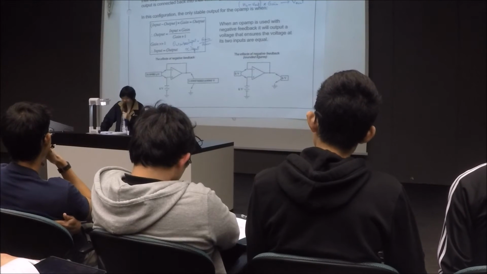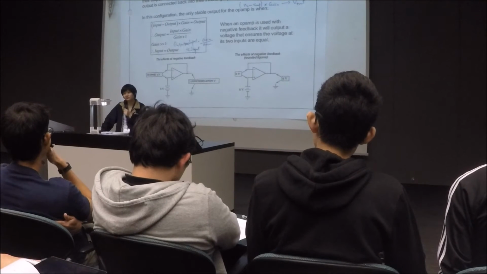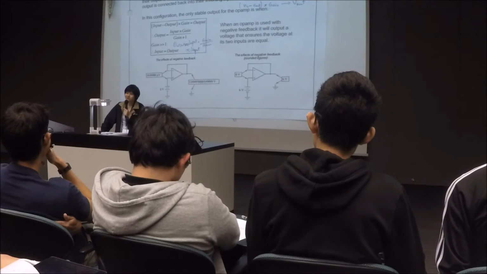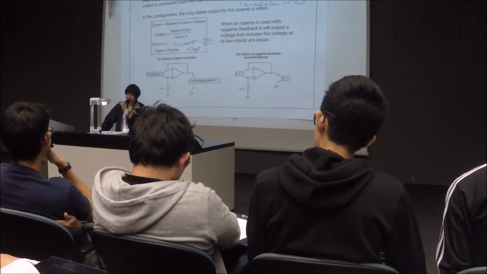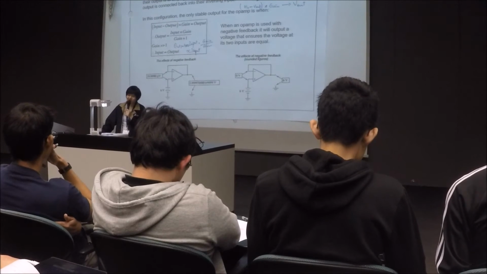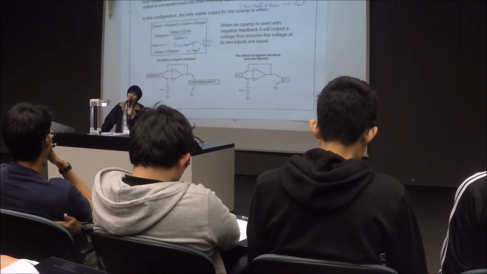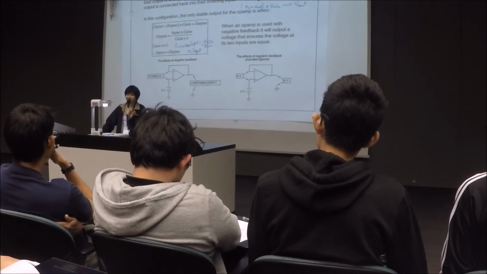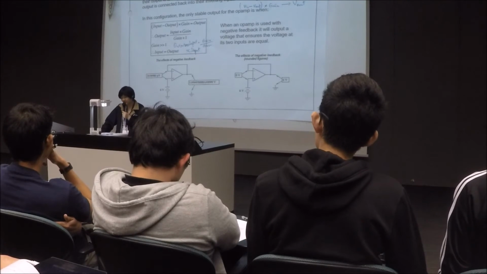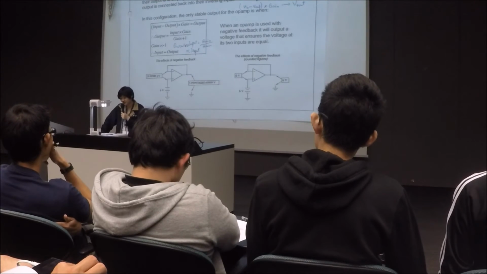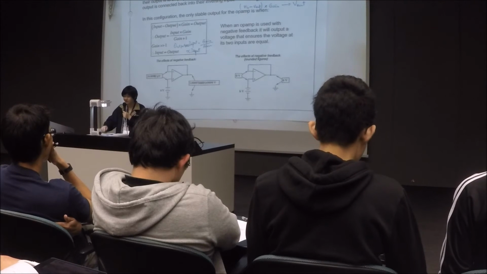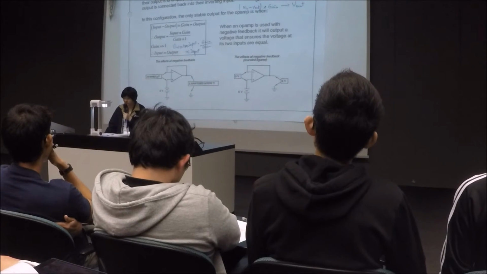If we connect our output back to the input, we get feedback. Depending on whether you feed your output back to the negative terminal or the positive terminal, if it goes to the negative terminal we call it negative feedback, and if it goes to the positive terminal, it is positive feedback.